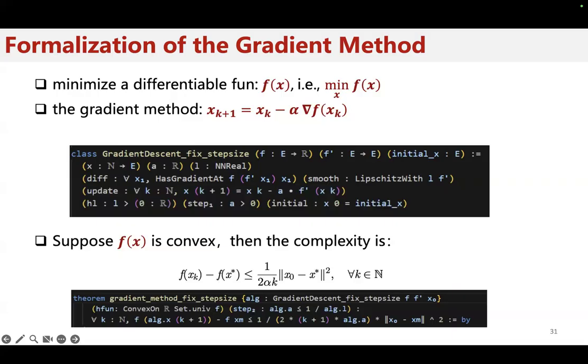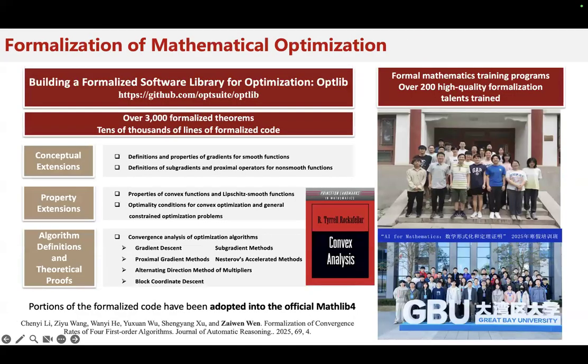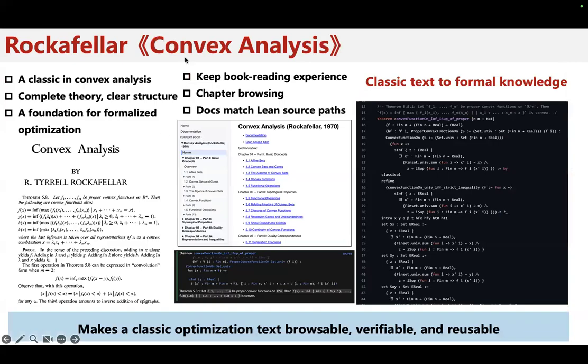Over the last few years, we have done this for optimization. We have built up a library for optimization algorithms. It can be checked at this GitHub link. We have also opened many training sessions. Let me give you an example. We have formalized a book by Professor Rockafellar, the so-called convex analysis.